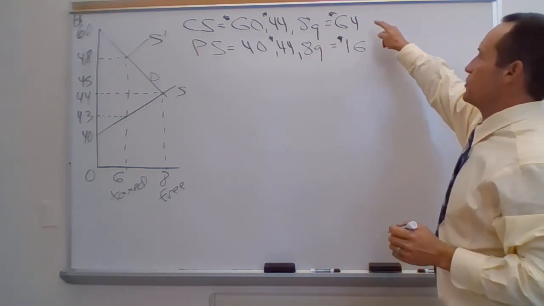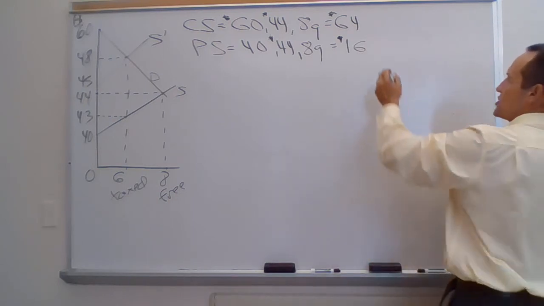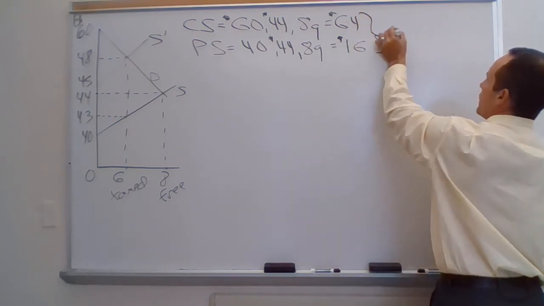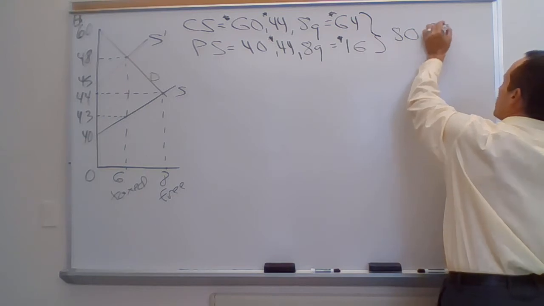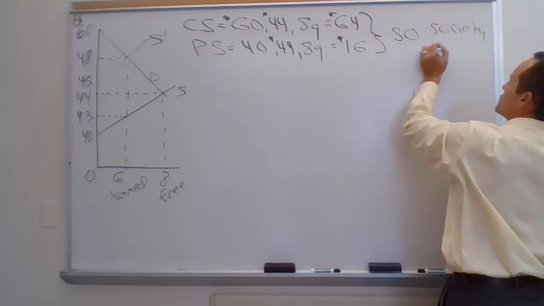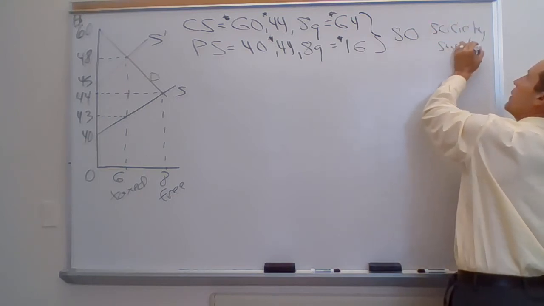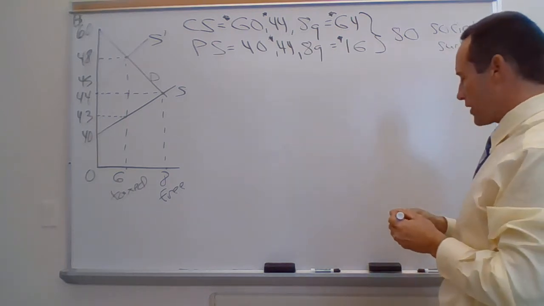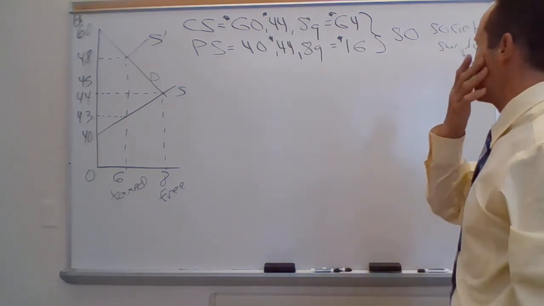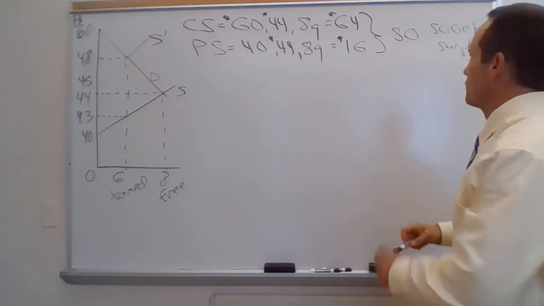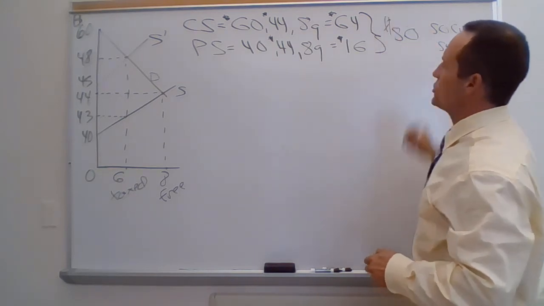You can see that the consumer has much more at stake. If we combine them, $80 combines for society surplus. The government letting this product exist or transact, there's $80 worth of surplus that is allowed to happen.